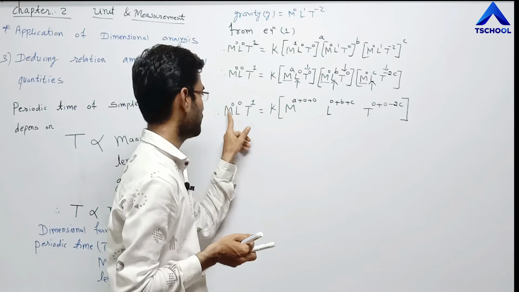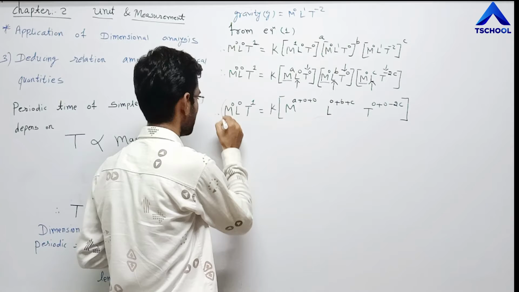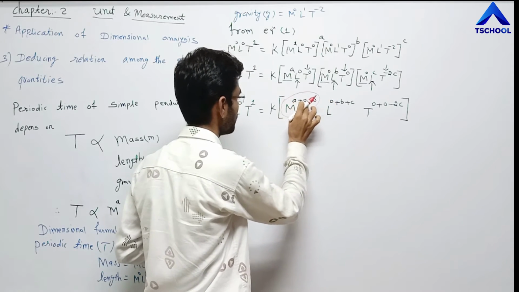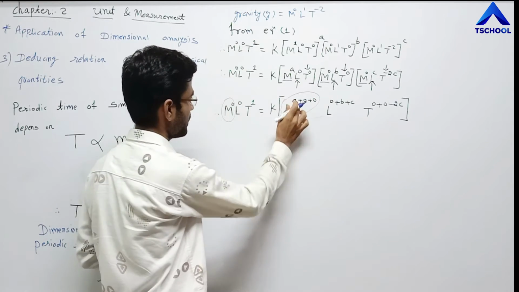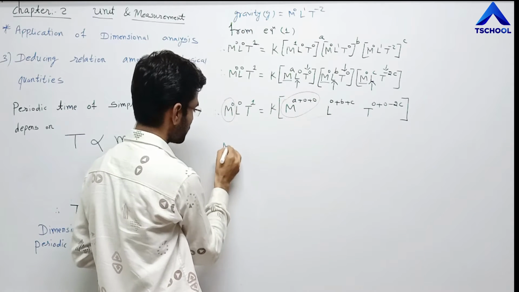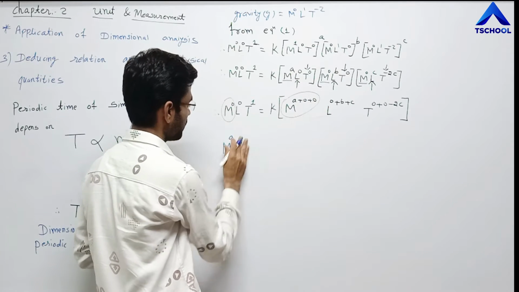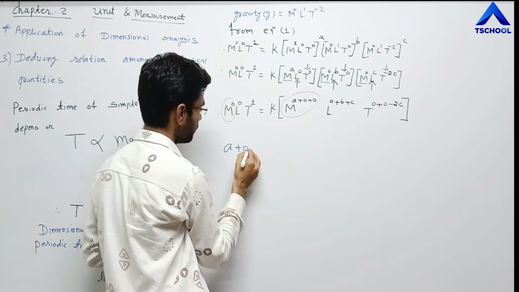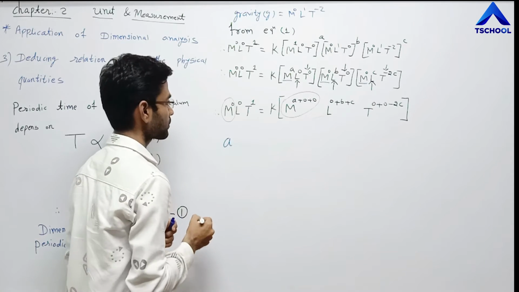Compare power of m: here m raised to 0, and on the right m raised to a plus 0, means we have to compare only the powers, means a plus 0, so a is equal to 0.